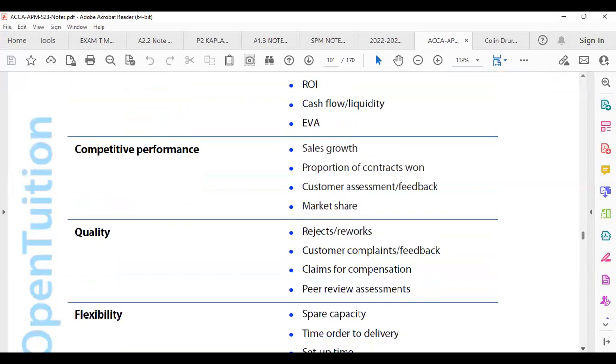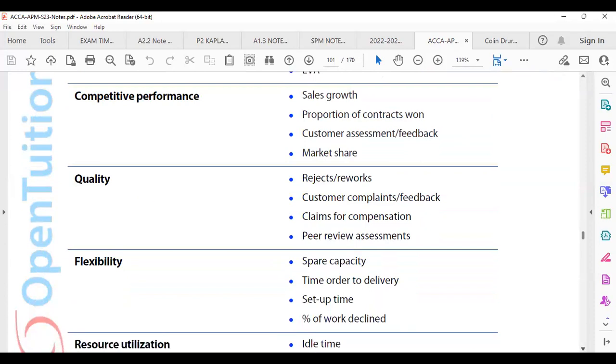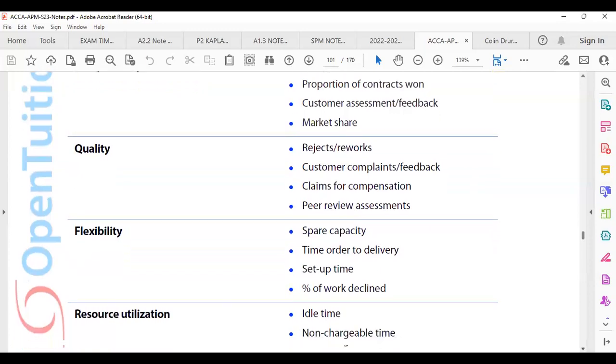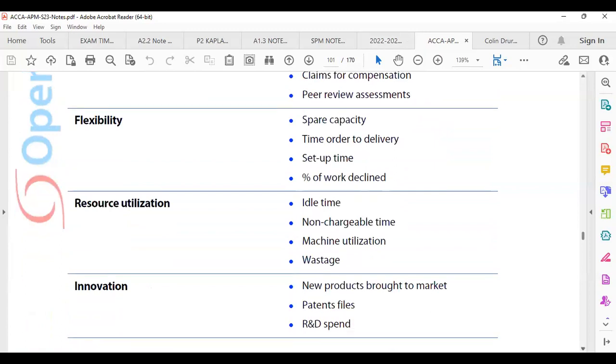Quality covers rejects and reworks, customers' complaints, claims for compensation, peer review assessment. And as I say, flexibility, spare capacity, time to deliver, setup time, percentage of work declined, and all those cases will be factored in as they look into the innovation.